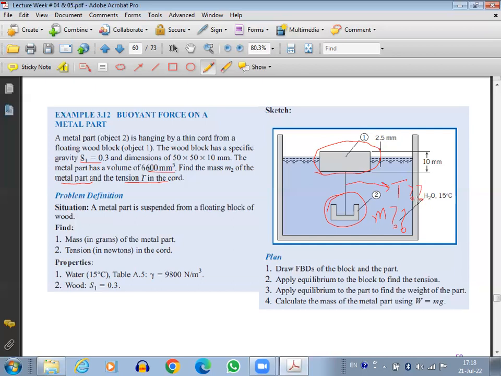Because of the weight of the metallic object and the weight of the wooden block, this wooden block, which has a height of 10 millimeter, is dipped 7.5 millimeter in water. 2.5 millimeters is still up. We want to know what is the mass of this metallic object. Before moving over to the solution, do you understand the problem statement or not?